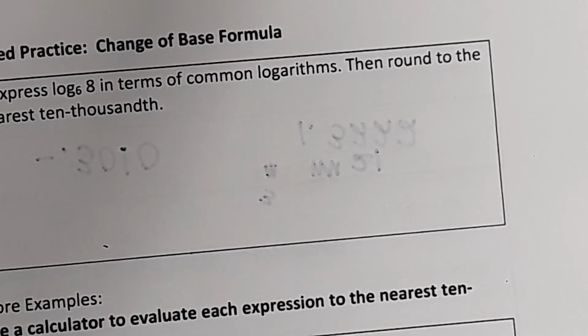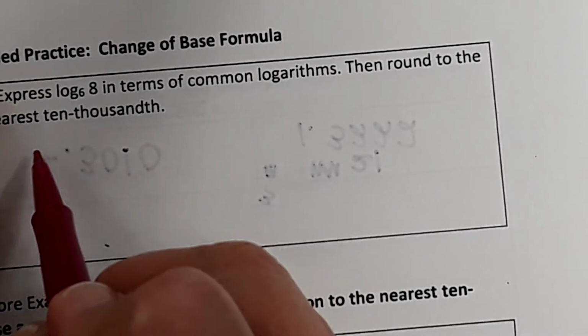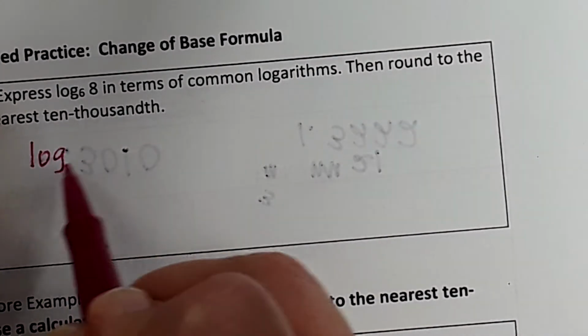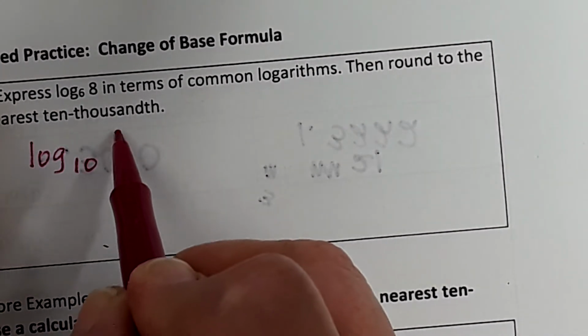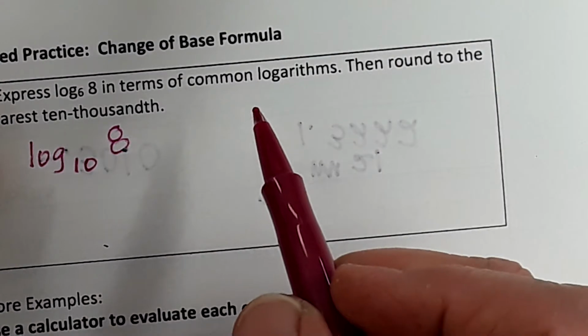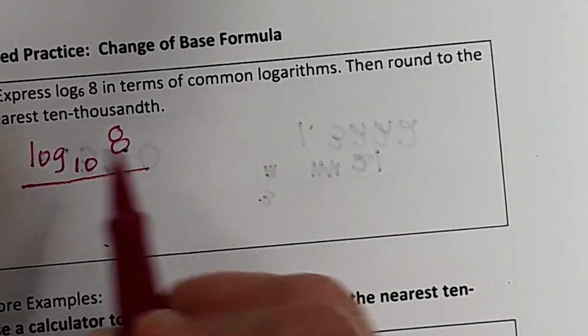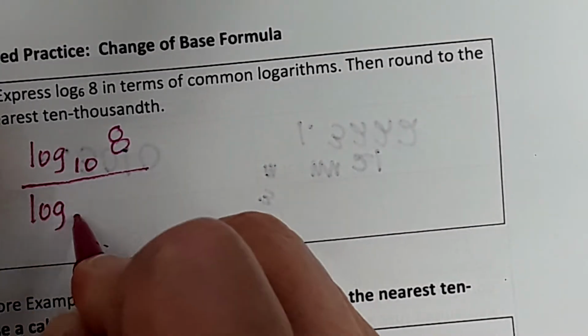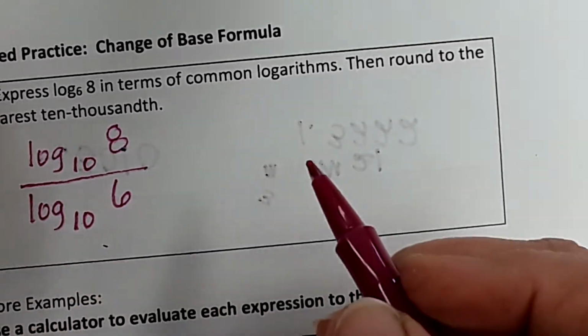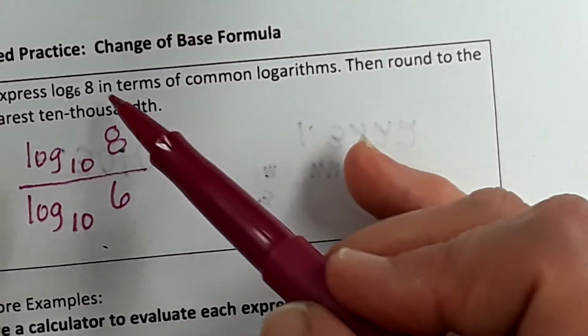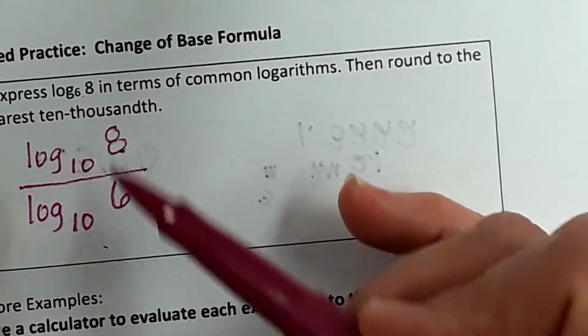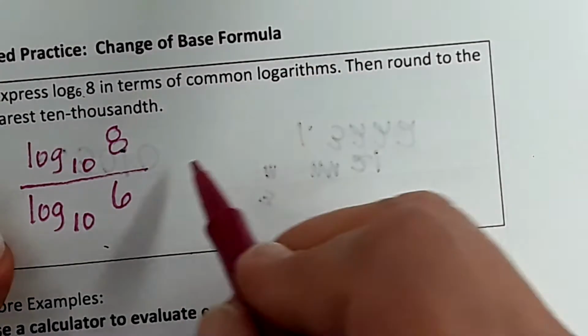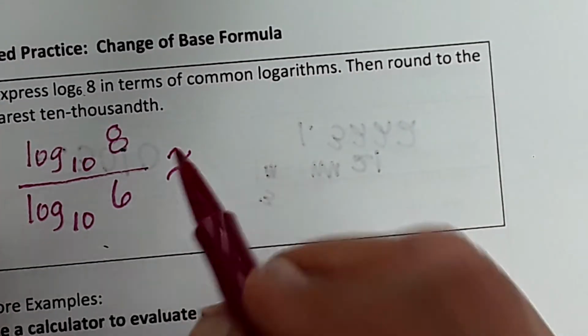So what you do is we're going to take log base 10 of 8, and we're going to do log base 10 of 6. So we got the 8 from there, we got the 6 from this. So we're doing that, and then divide.